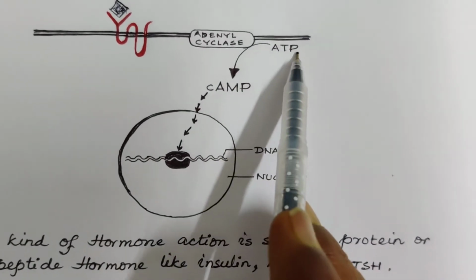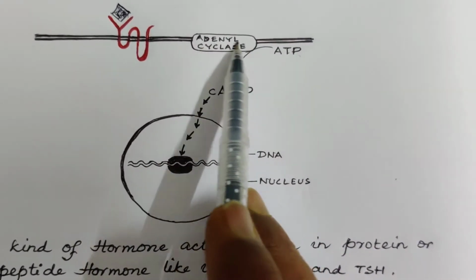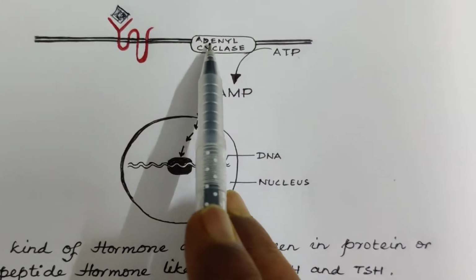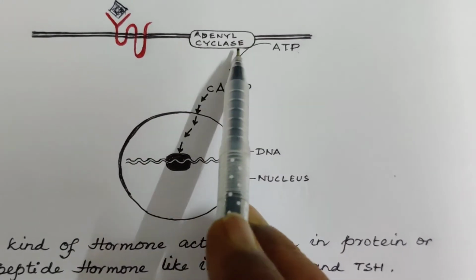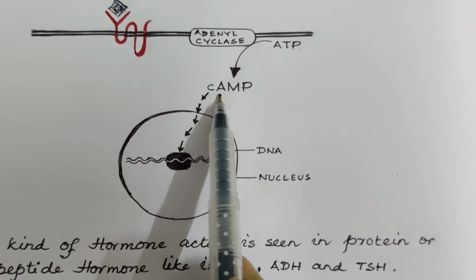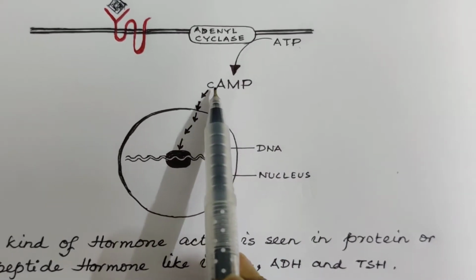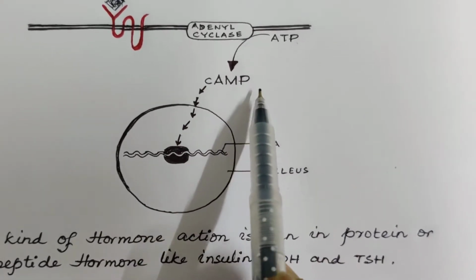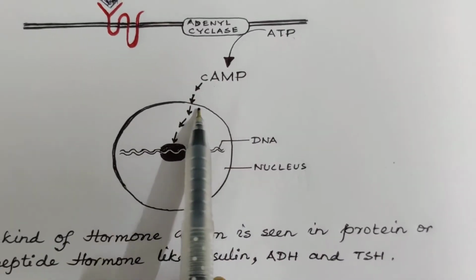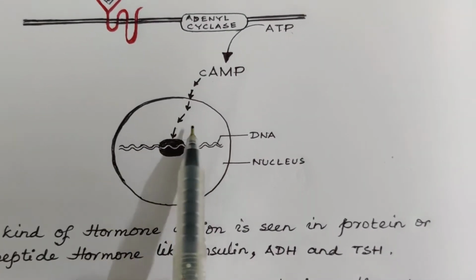Now here, with the help of ATP, the enzyme over here, adenylate cyclase or adenyl cyclase, converts it into cAMP, cyclic adenosine monophosphate. From there it reaches the nucleus.